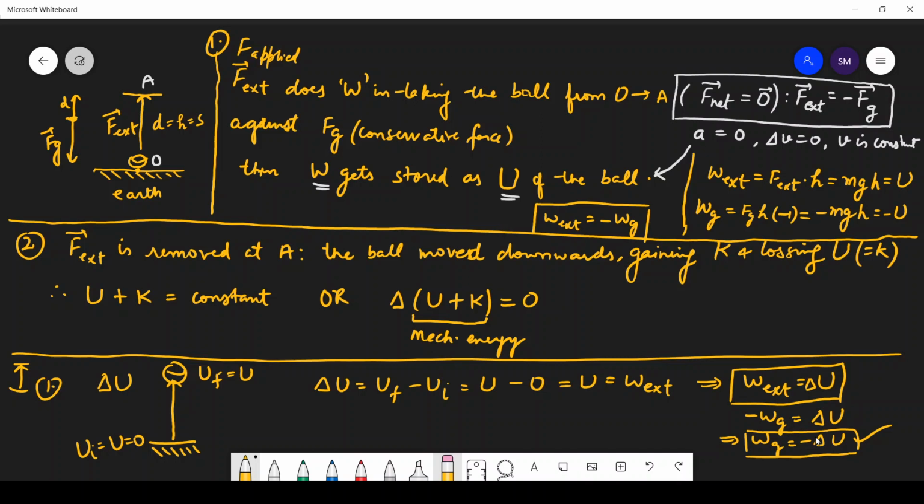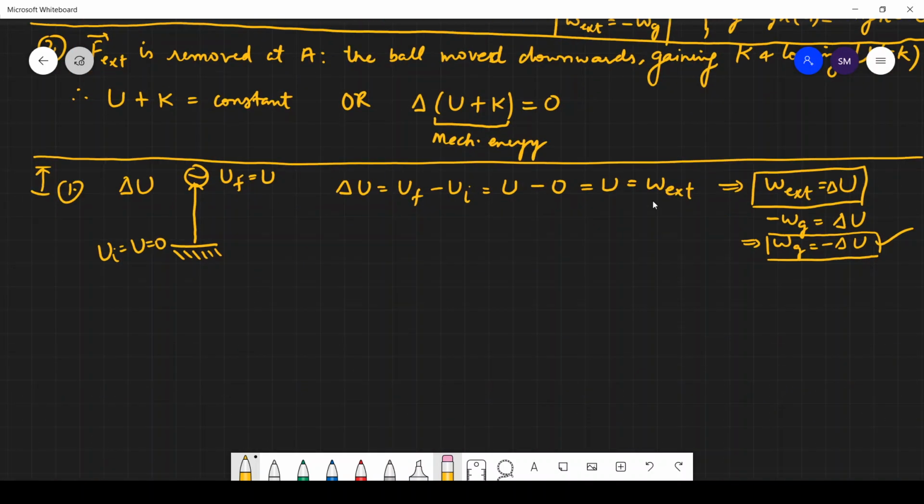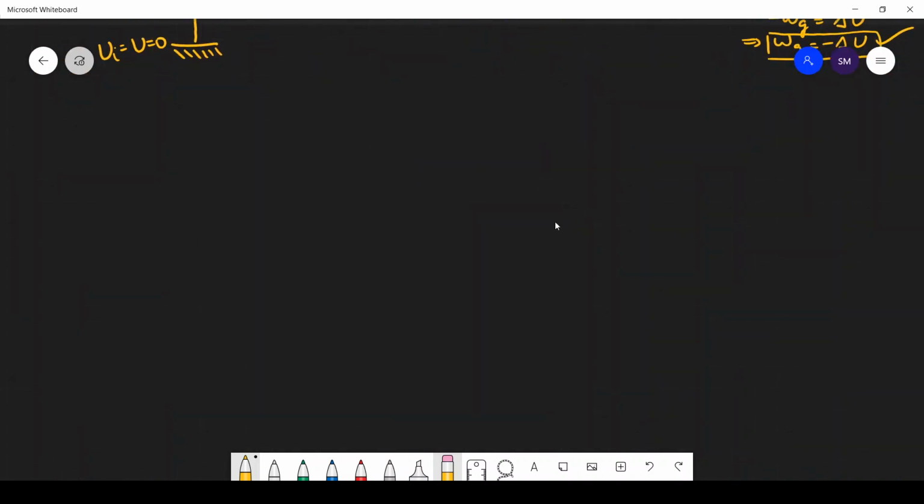Now we can write this thing mathematically. How are we going to write this thing mathematically? You can take a snapshot of this, and it's better if you write simultaneously along with me. Now let us write these things mathematically.